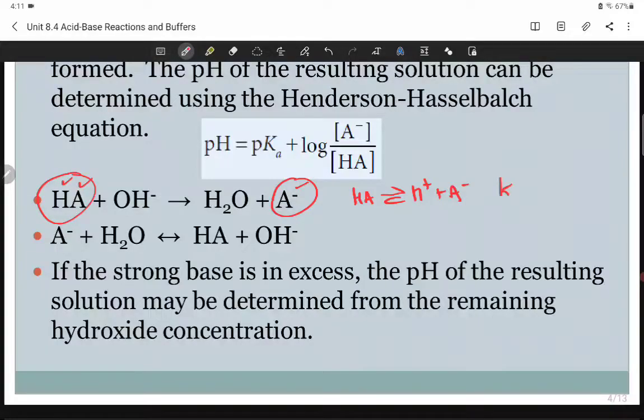And that is a Ka expression. H positive, A minus, HA, and we could solve for any of those parts. Typically, we'd be solving for the H positive part to get a pH.